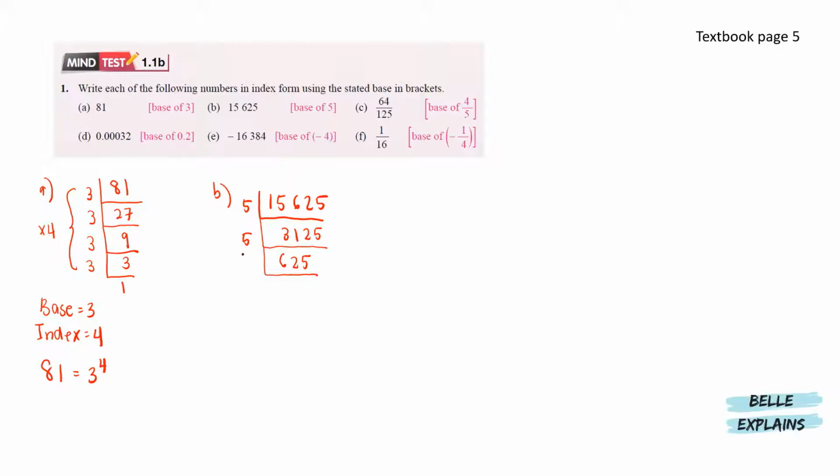Divide again gives us 125. Then you divide again until you get 1. So you'll keep dividing. Here we have 1, 2, 3, 4, 5, 6 times.